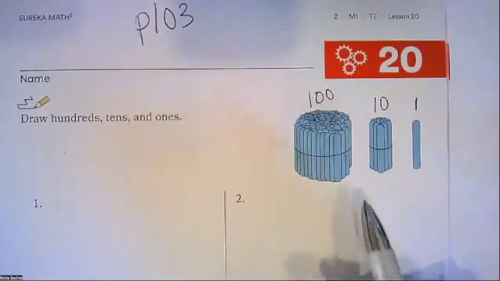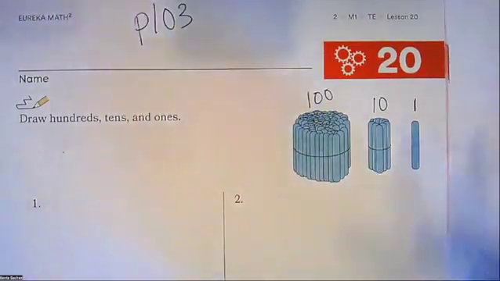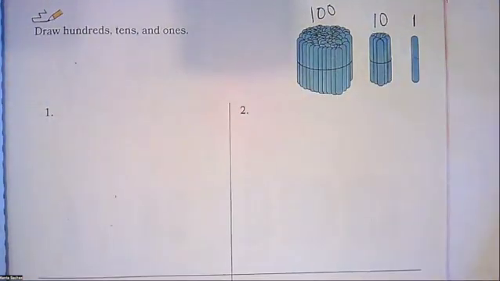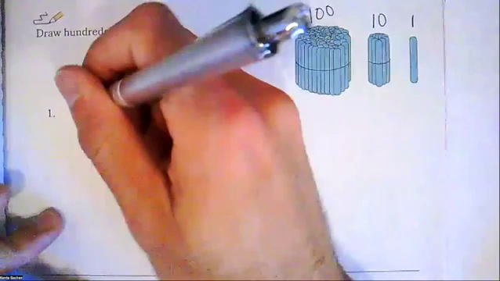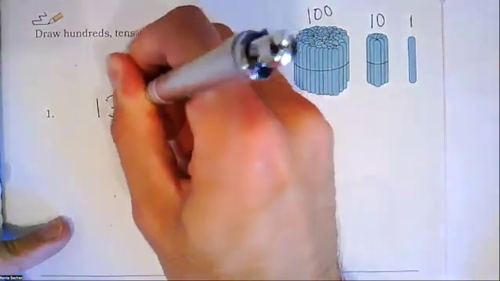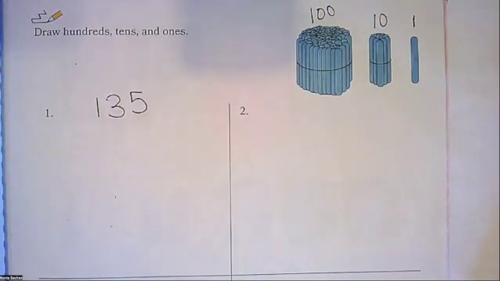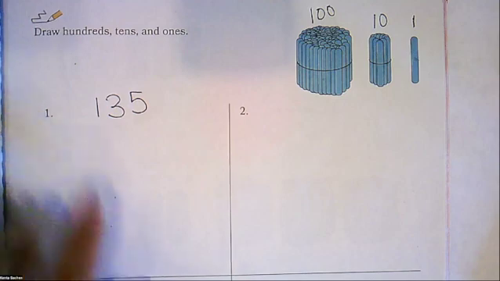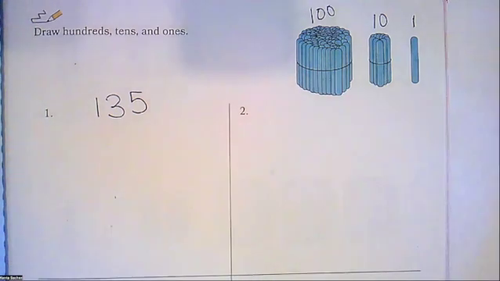Now we're going to use these or draw these in order to make some numbers together. So the first number that we're going to be making is, you can write this down now, 135. First, I'm going to think about the different place values here, the different numbers.